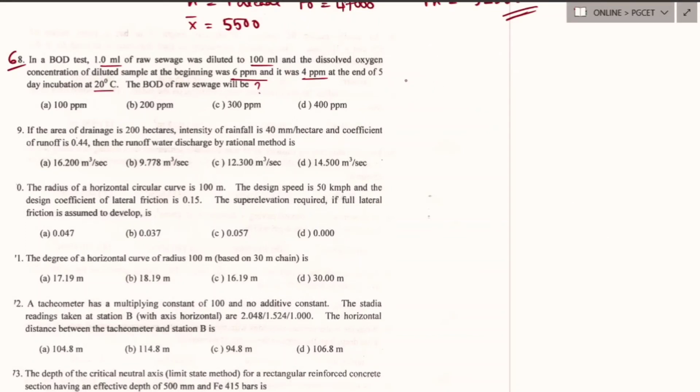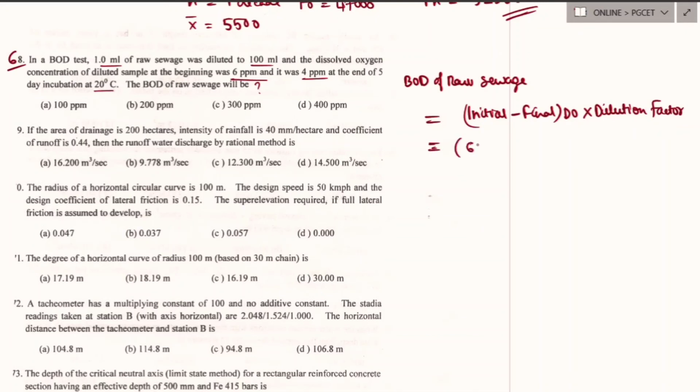So we have to find the BOD of the raw sewage, that is BOD of raw sewage is equal to initial dissolved oxygen content minus final dissolved oxygen content multiplied by dilution factor. Initial dissolved oxygen content is 6 parts per million, and final dissolved oxygen content is 4 parts per million, so 6 minus 4 into dilution factor.